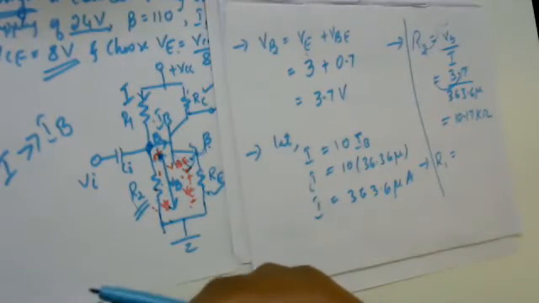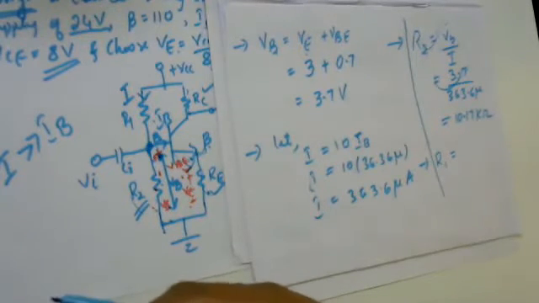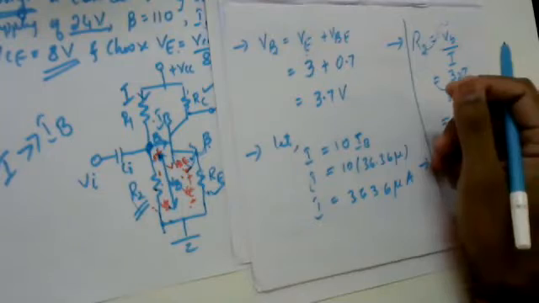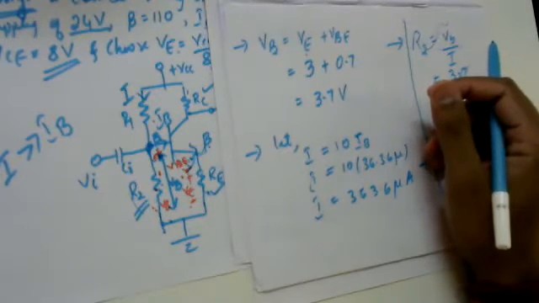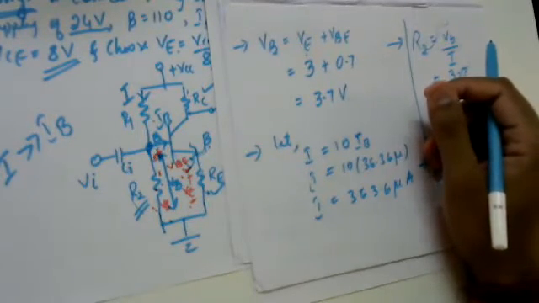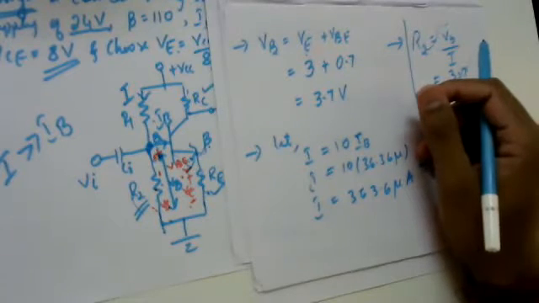Let me see how many people can write the equation. Get me the equation for R1. Gunjan is going wrong. How can you take VB?